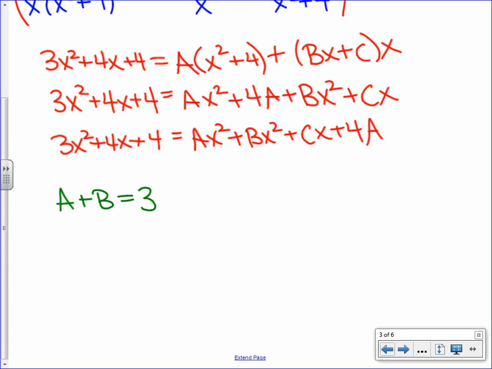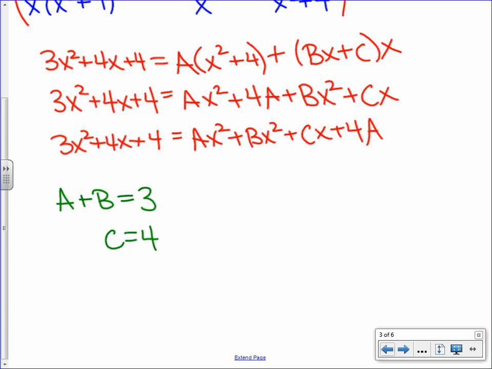Here I have 4x. What does that mean about cx? C better be 4. Here my constant is 4. What is our constant on the right side? 4a, right?